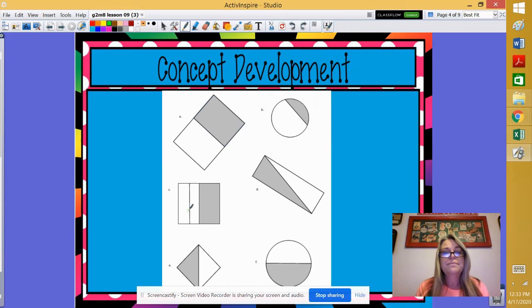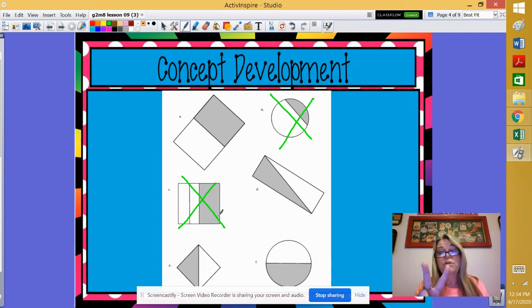Remember, to be halves, it has to be equal parts. Look at C. Is C partitioned into 2 equal parts? Well, let's look. How many parts do we have? 1, 2, 3. Is that 2 equal parts? No, that's 3 parts. So C is not. I'm going to put an X over the ones that are not halves. B was not half. C had 3 parts.